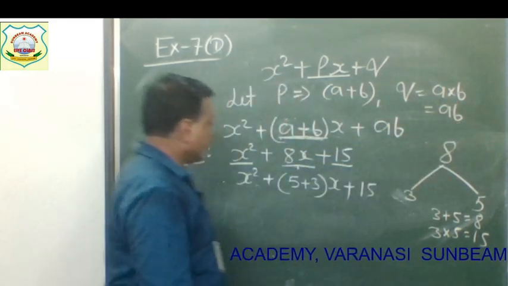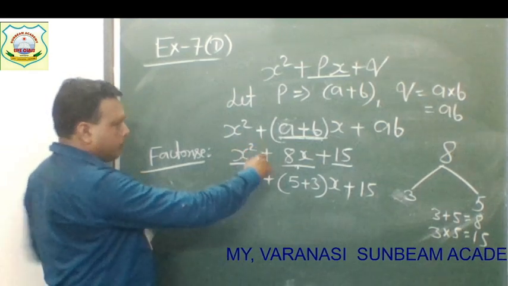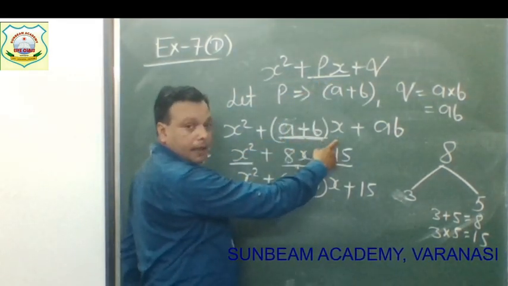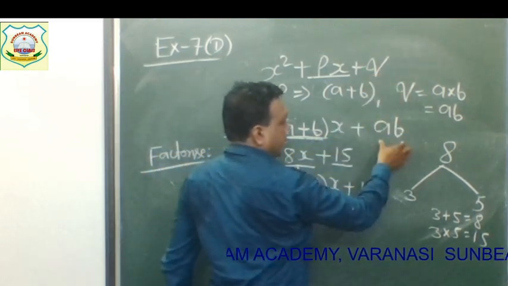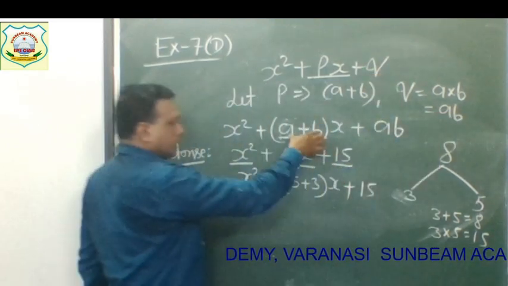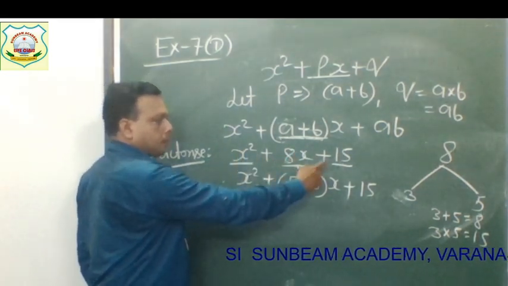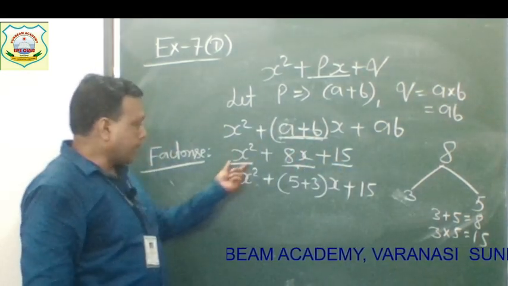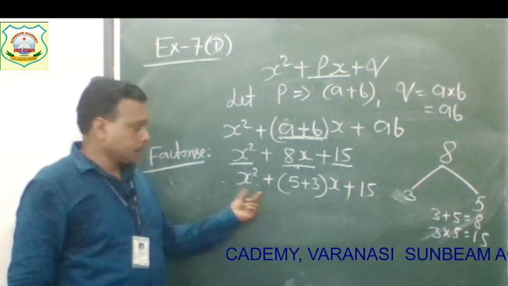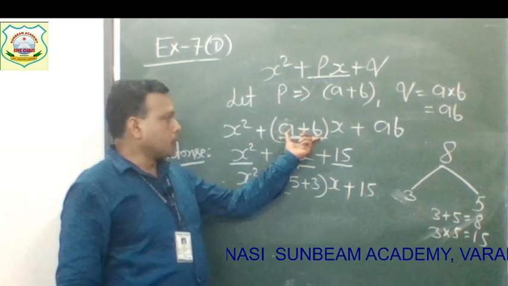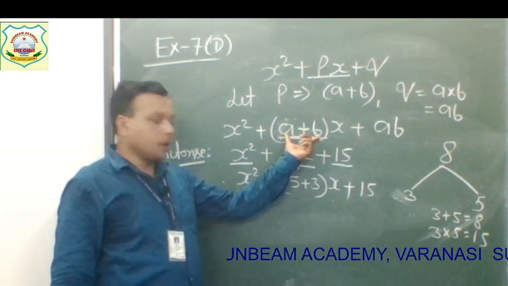Okay. So, x square, now when we write the px term, it is a plus b x, and we write the q term as ab. Based on this, we have taken the expression x square plus 8x plus 15. x square stays the same, plus 8x, 8x is here, it should be broken into two terms a plus b.